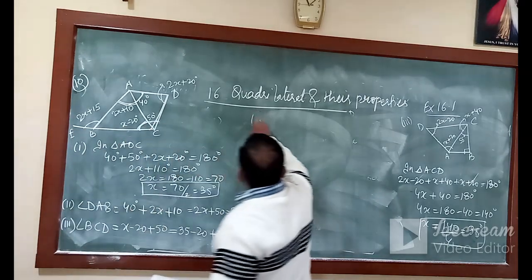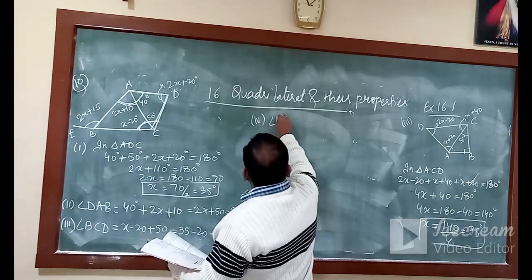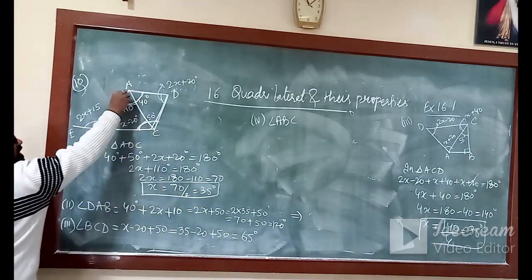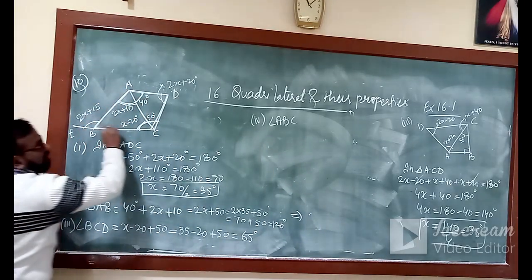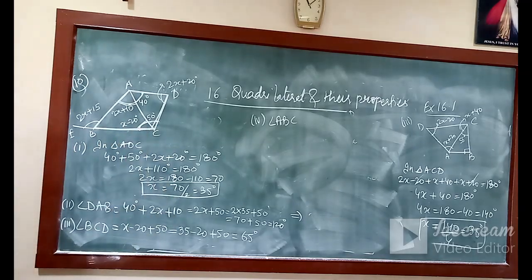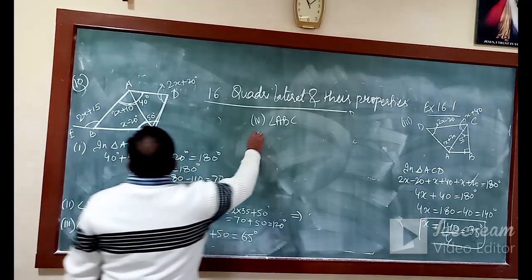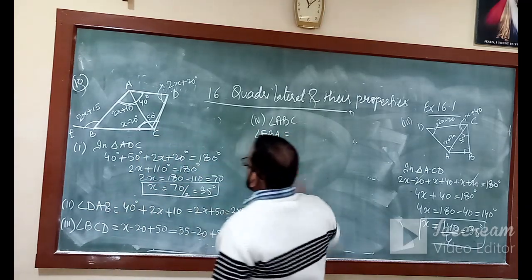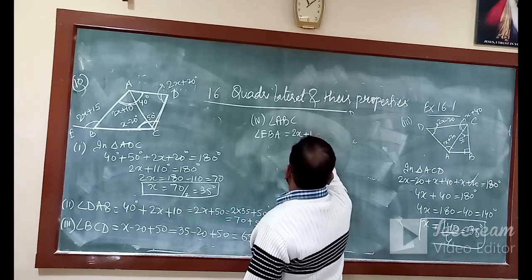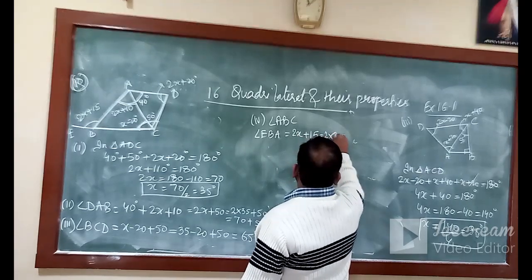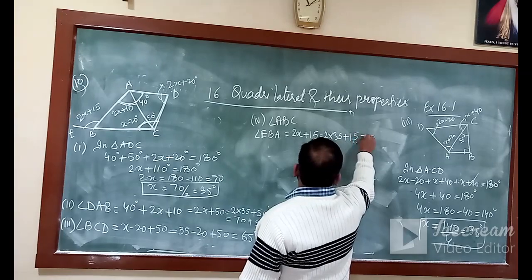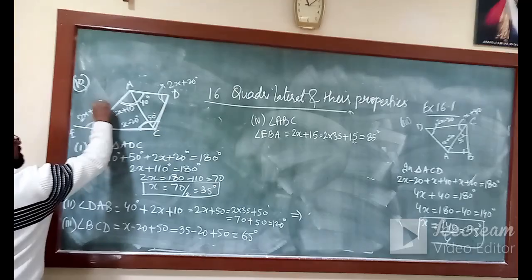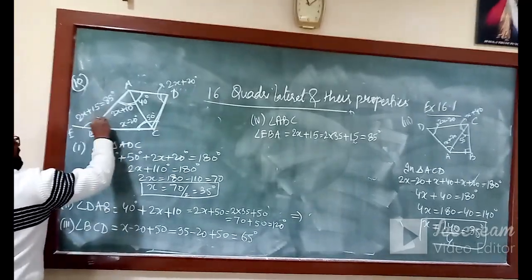Then for the fourth part, angle ABC. So angle ABC is what angle? See this angle. So what I will do, I will find angle EBA, that is 2x plus 15, 2 into 35 plus 15, that is 85 degree. So I got this angle as 85 degree.